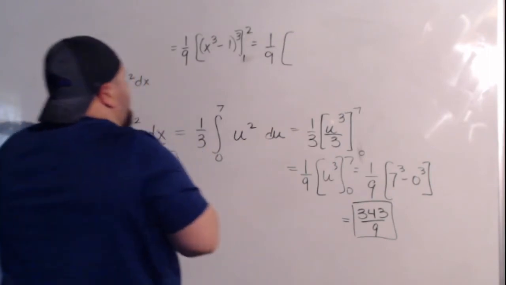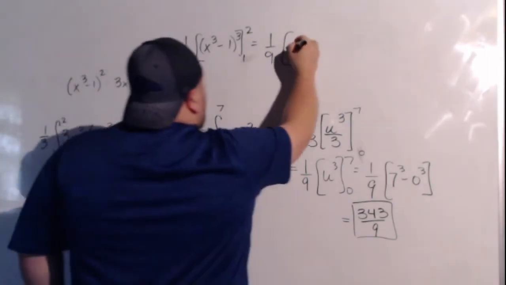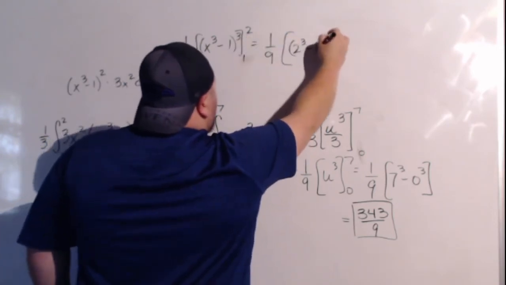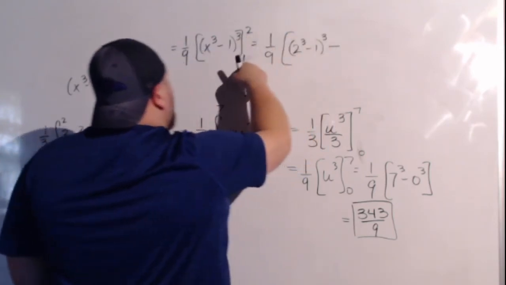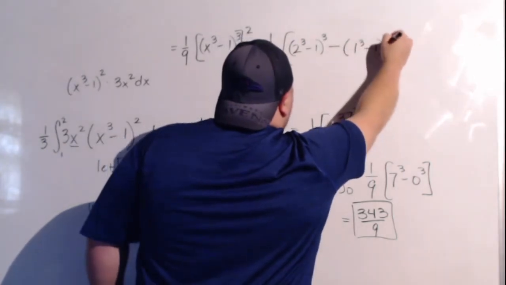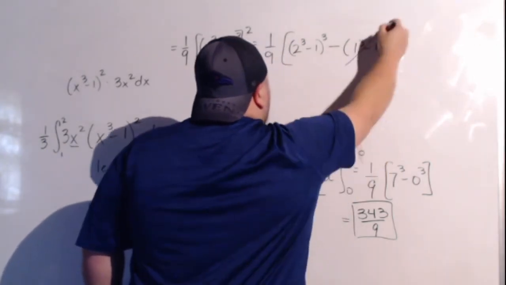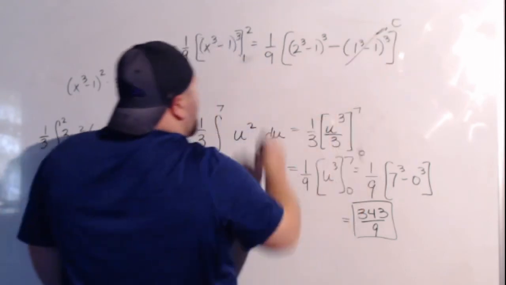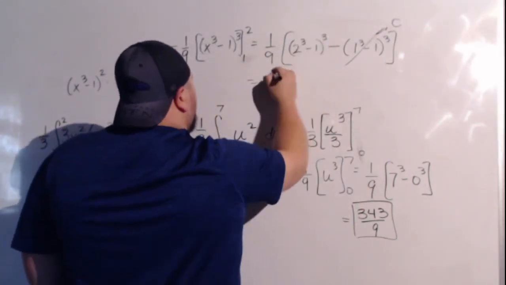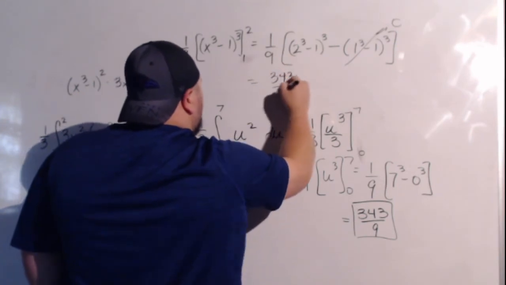So plug in again. So 2 cubed minus 1, quantity cubed, minus, plug in the lower bound, 1 cubed minus 1, cubed. That's 0. This is 8 minus 1 is 7. 7 cubed is 343 over 9.